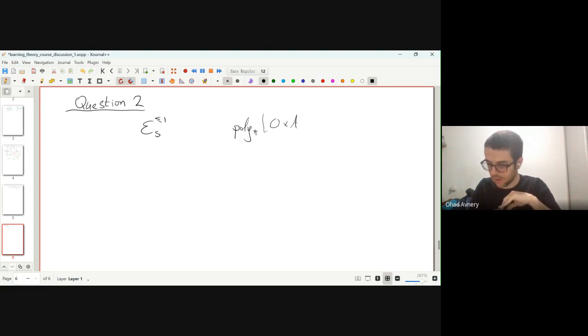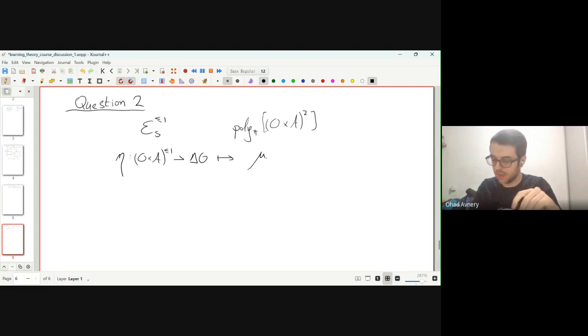What I did here was, given a partial function eta defined on O times A, I define a measure mu on the right set by explicitly saying, for a sequence O0, A0, O1, and A1, what is the probability to reach all of these observations?